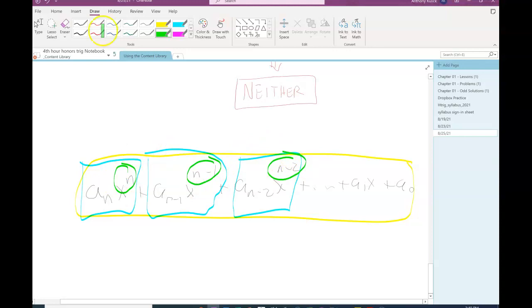The trick is, though, that for a constant like 7, I can think of 7 as 7 times 1. And 1 is the same thing as anything to the 0 power. So a constant is actually a degree 0 polynomial. That was the takeaway. Does that ring a bell? Yeah. Of course.